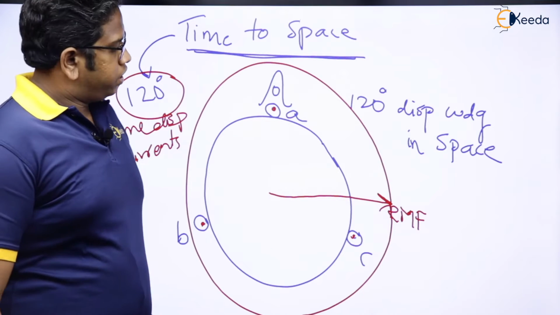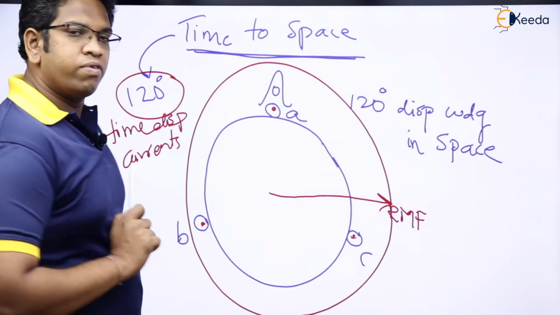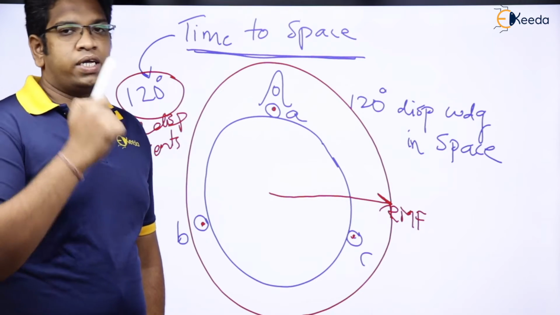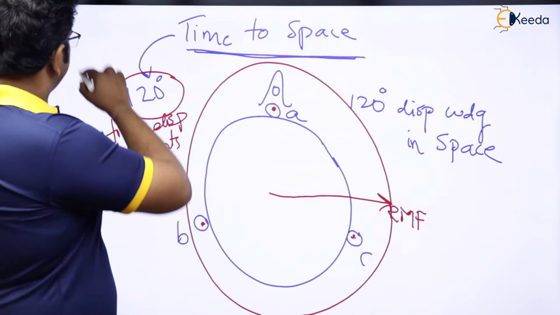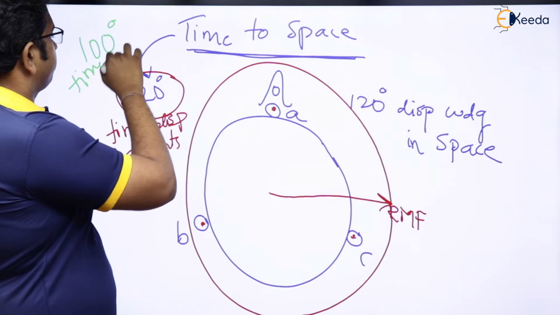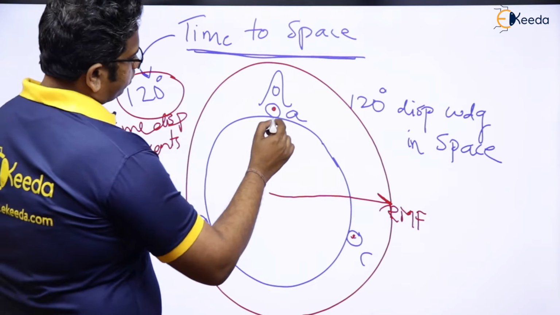Already we know that. Now let us think, rather than 120 degrees time displaced currents, if I flow 100 degrees time displaced currents, let us see what happens. So this particular green, let me think of as 100 degrees time displaced currents. In that case, what is going to happen? For example, I have this green here.